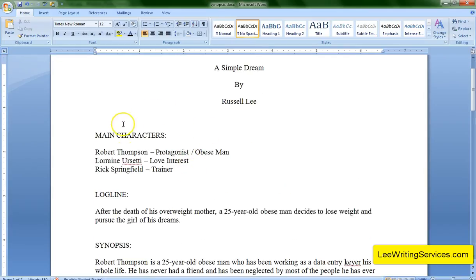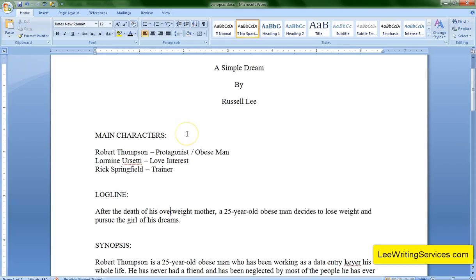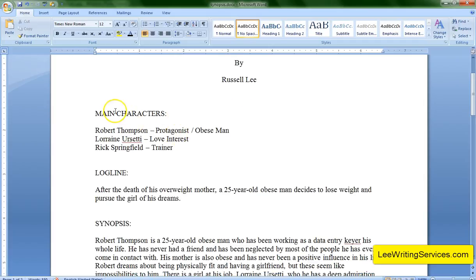Now this document I wrote, again, you don't have to format it any special way. This is just for your benefit as a screenwriter. I outlined the three main characters: the protagonist, which is the main character, who's an obese man, Robert Thompson, the love interest, Lorraine Ursetti, and then his personal trainer, Rick Springfield. These are the three main characters.